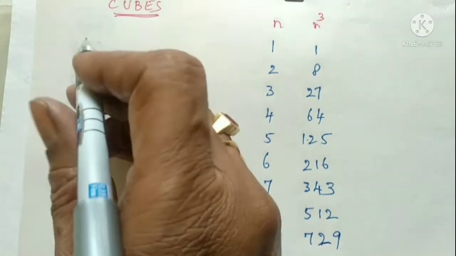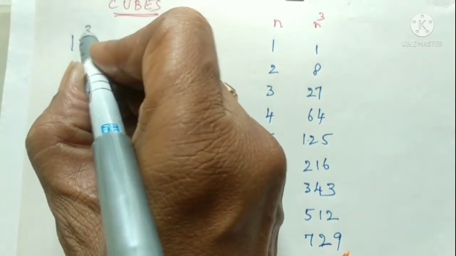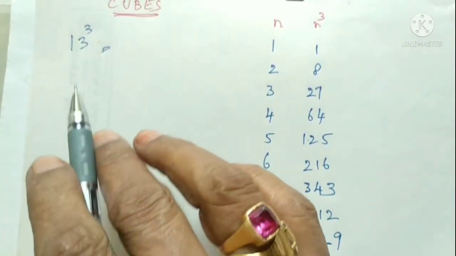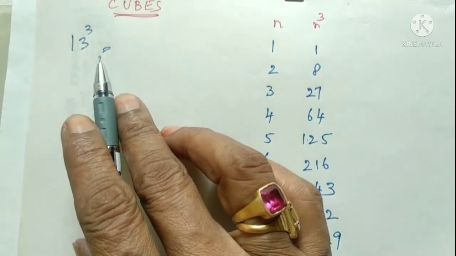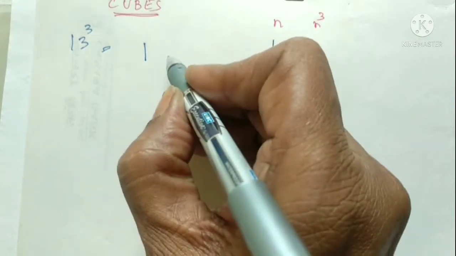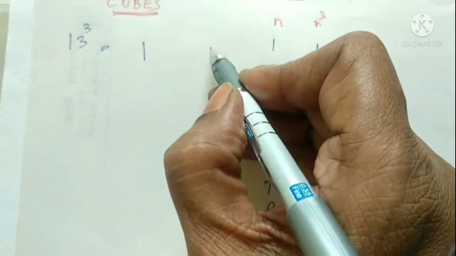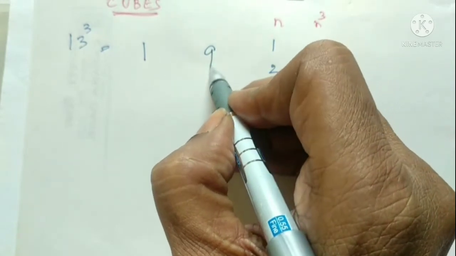Let us start. Let us find the cube of 13. Say 13 cube. So to calculate this in a shortcut way, first write 1 cube, then 3 cube is 27.